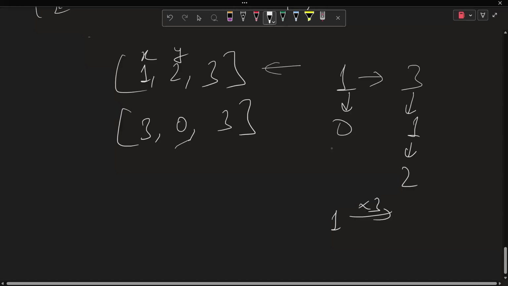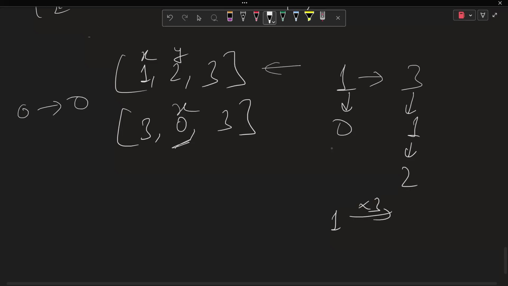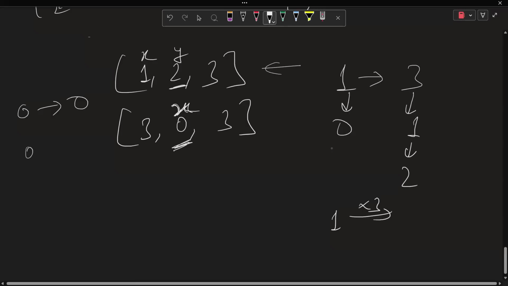But if we have a 0 and we select that 0 as an X, what would happen? 0 multiplied by 3 would still remain 0. So it would be unaffected. So basically, if we make any one number fall to 0 once, after that we can just select this 0 as an X every time so that no number is increasing.